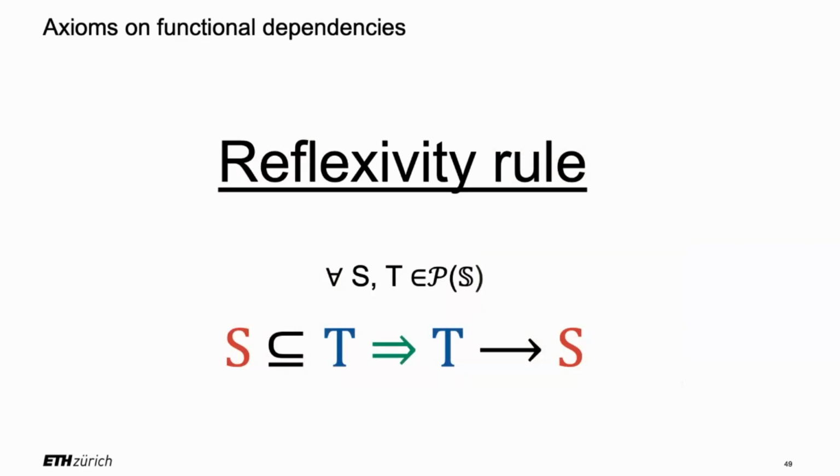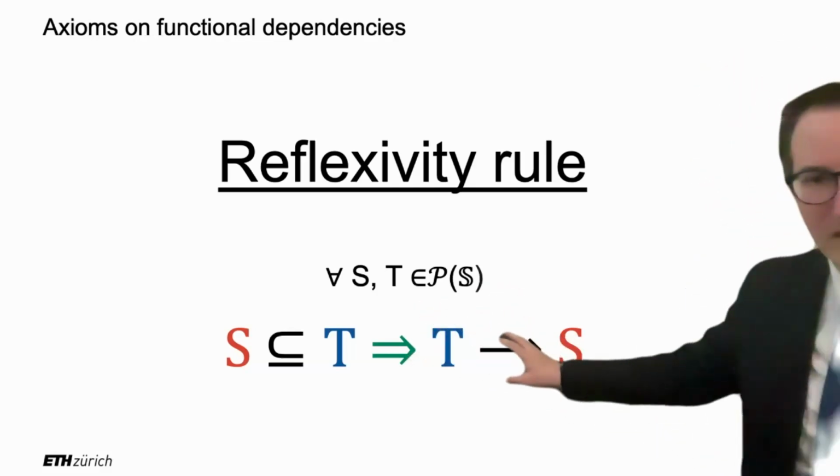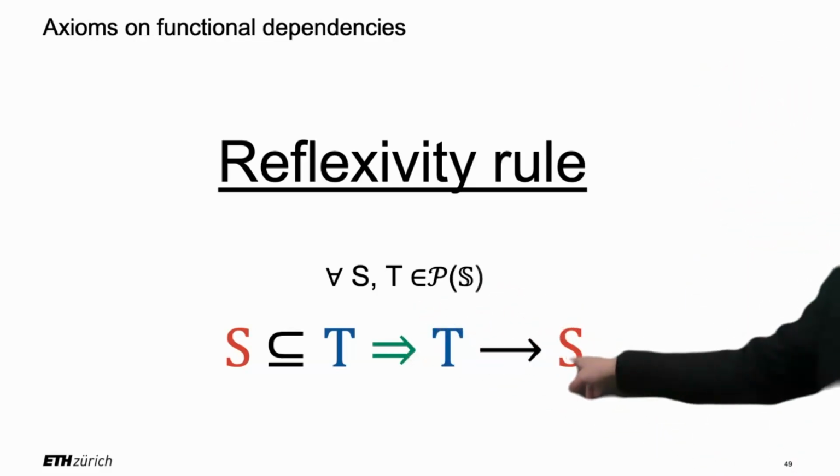Okay. Here's another one then. This is called the reflexivity rule. So the reflexivity rule tells me that if the attributes in S are included in those in T, it means that I take a smaller set of attributes included, then T functionally determines S. Who agrees?